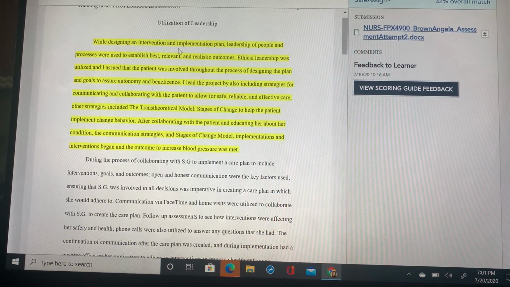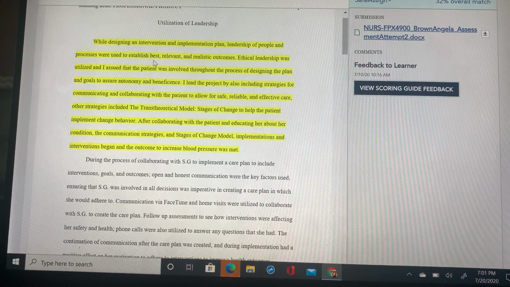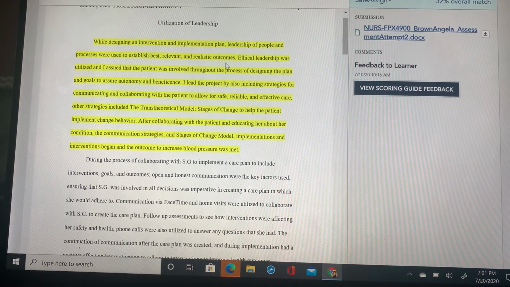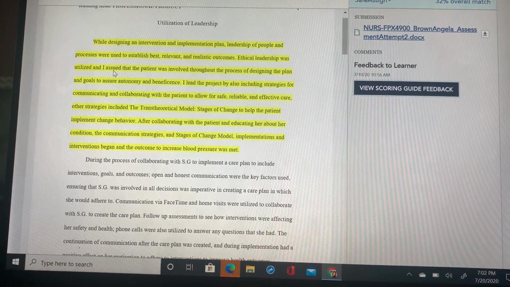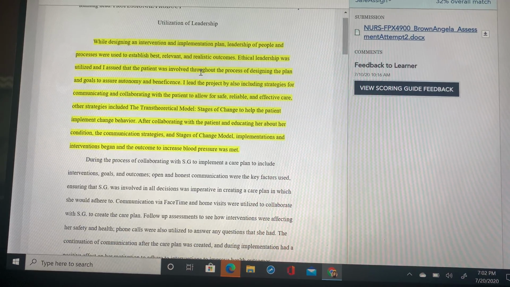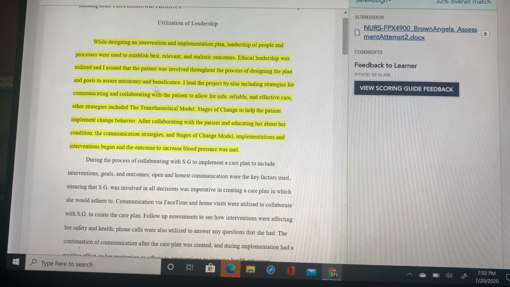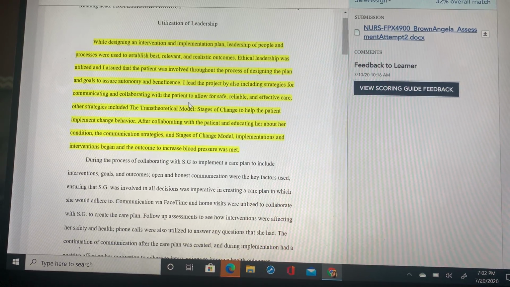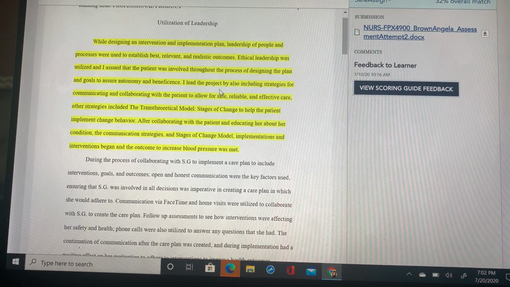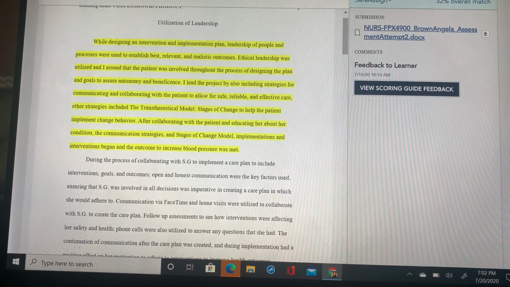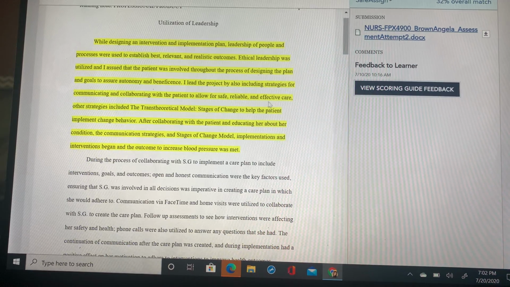So while designing an intervention and implementation plan, leadership of people and processes were used to establish best, relevant, and realistic outcomes. Ethical leadership was utilized, and that's supposed to assure that the patient was involved throughout the process of designing the plan and goals to assure autonomy and beneficence. I think that's how you pronounce it. I led the project. Remember, the question was, how did you lead? I led the project by also including strategies for communicating and collaborating with the patient to allow for safe, reliable, and effective care.